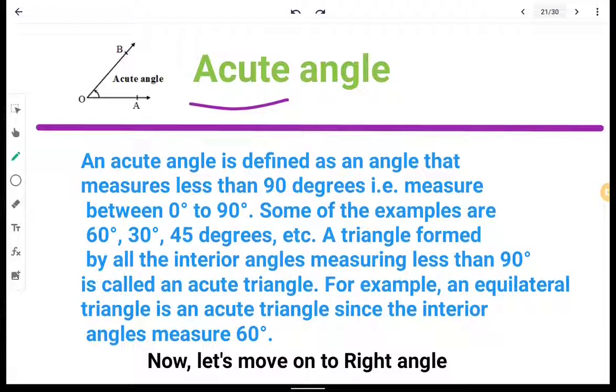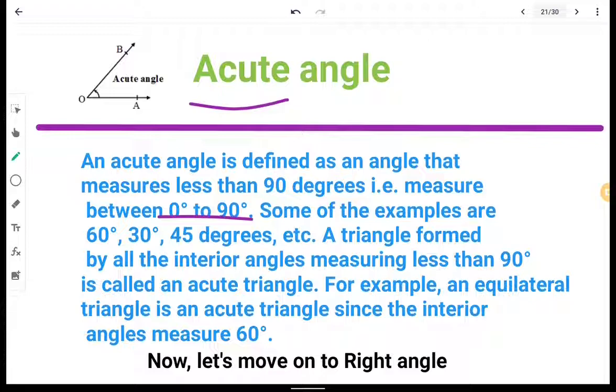Now, some examples can be 60 degrees, 30 degrees, 45 degrees, then 42.5, 86, anything between 0 and 90 degrees. A triangle formed with all the interior angles measuring less than 90 degrees is called an acute angle triangle, as I have already told in my previous videos.